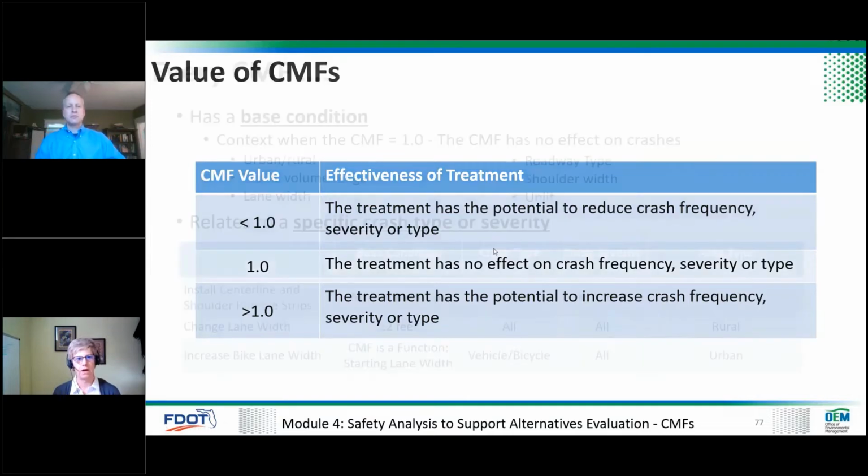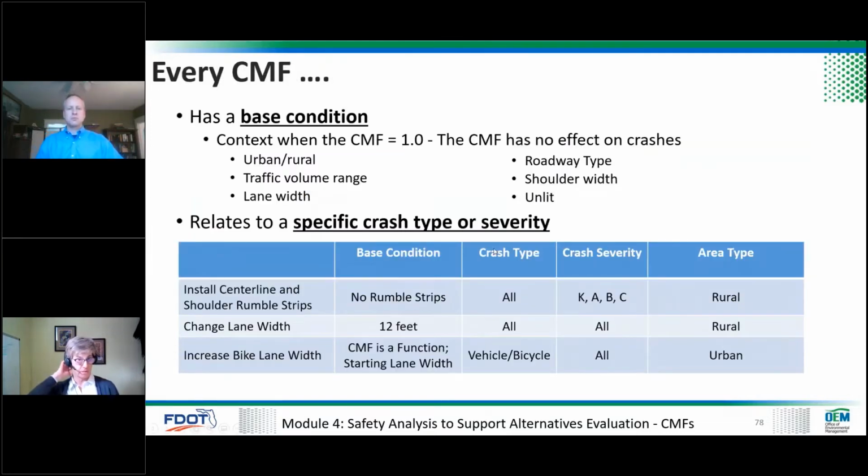Now, this is where the details come in. Every CMF has a base condition, and that's the place where the CMF has no value, and it could be any one of these factors shown here: urban or rural, the traffic volume range, lane width, the roadway type, the shoulder width. But it's this condition in which the treatment has no effect.